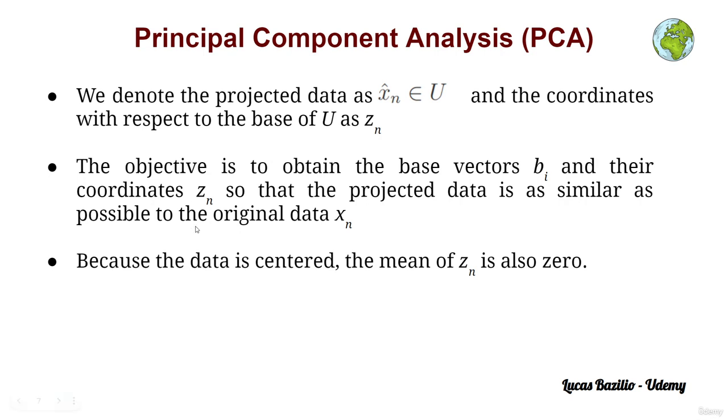So here the objective is to obtain the base vectors B and their coordinates Z, so that the projected data is as similar as possible to the original data. Also keep in mind that since we have standardized this data, the data is centered, so the mean of Z is also going to be 0.